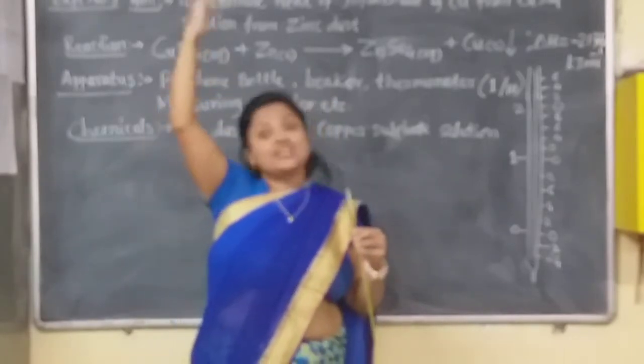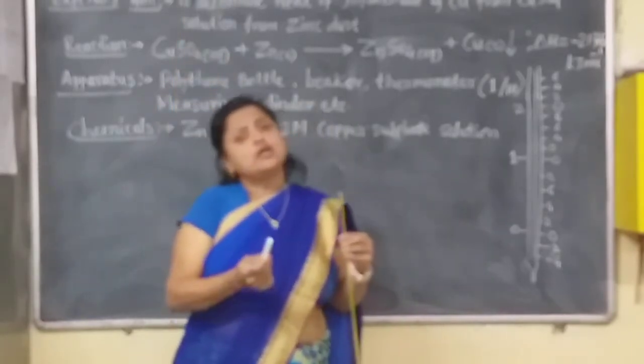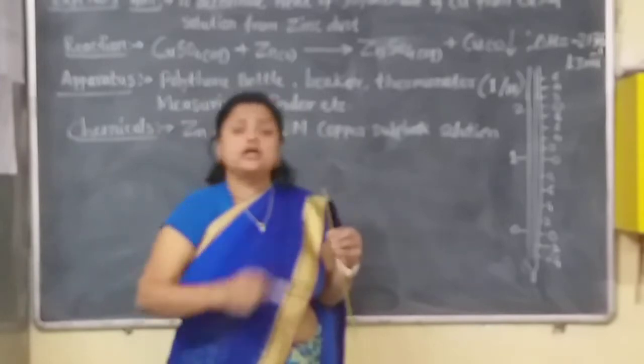And after that 30 degrees centigrade, which is also written with 3 on one side and 0 on the other side.